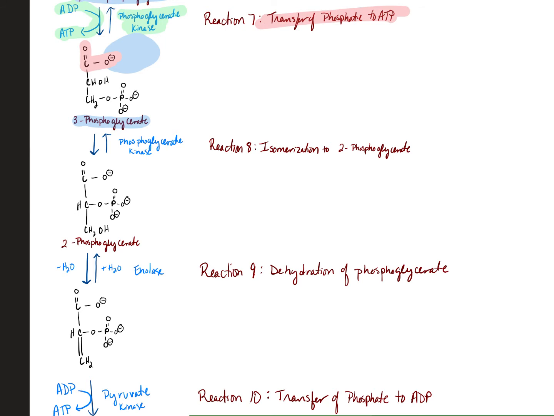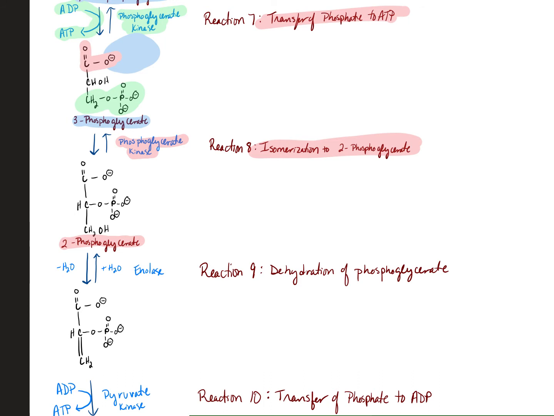And in the next reaction, we're going to use phosphoglycerate mutase in order to isomerize that product to get 2-phosphoglycerate. So that's what we have right here, okay? So what's changed in these 2? Well, we actually moved the location of where that phosphate was.